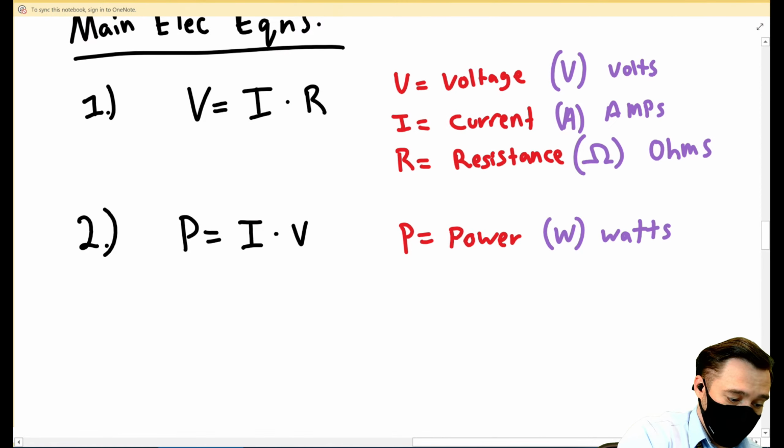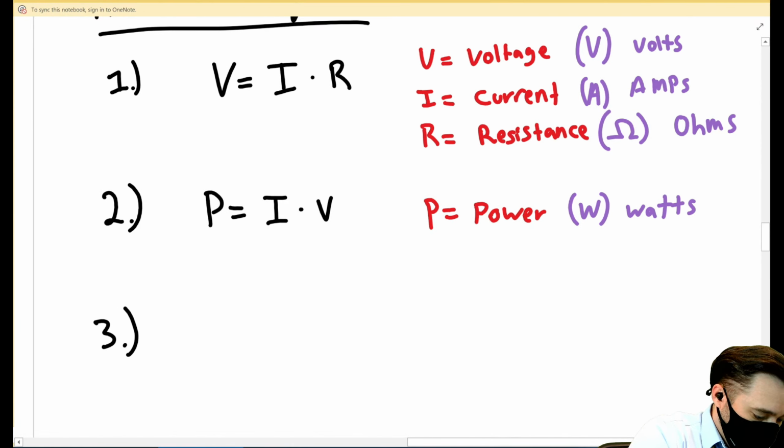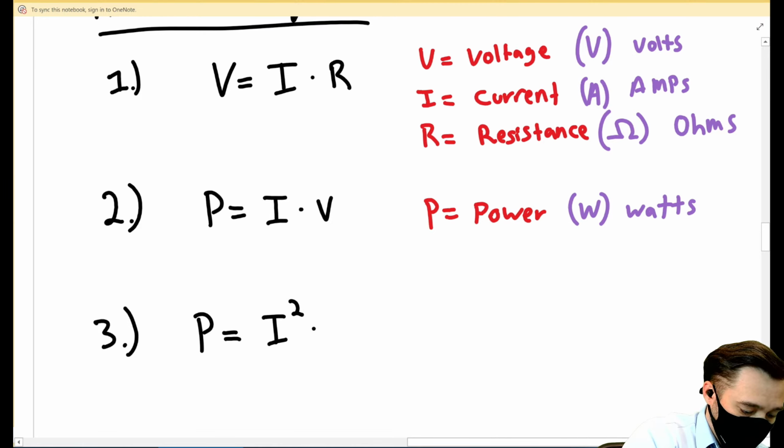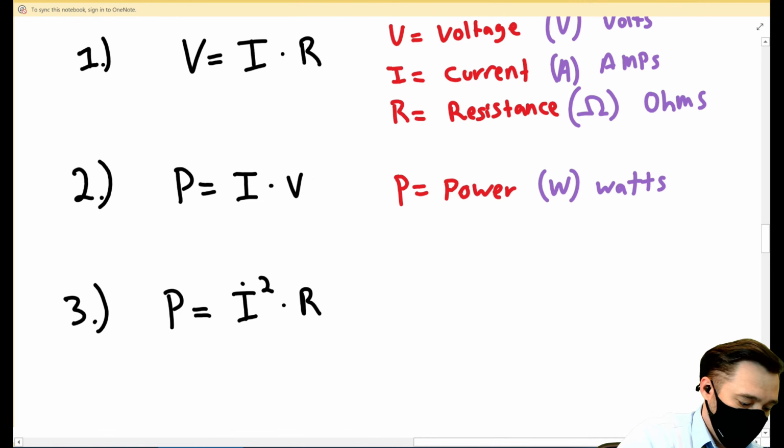And then the I is current and the V is voltage. Now the second iteration of this one, power is also equal to I squared times R. So P is power, I is current, R is resistance.